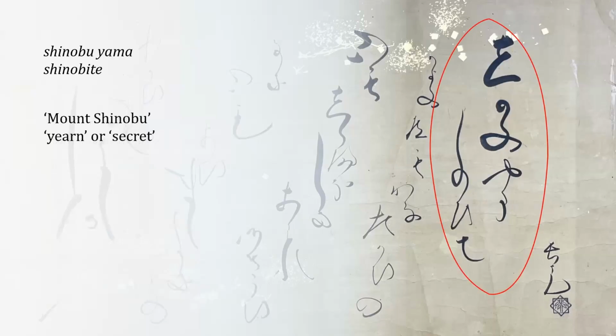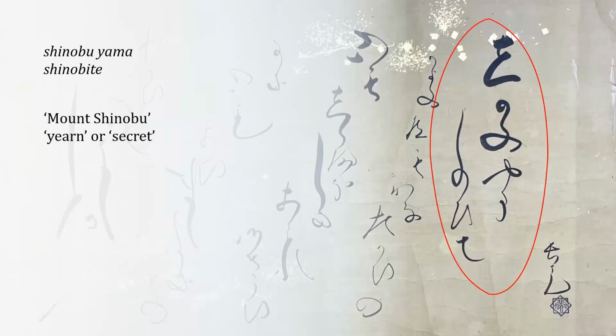Also a big fan of red circles. In the red circle, we're looking at the phrase Shinobuyama Shinobide. So Mount Shinobu is a place that occurs in poetry a lot because the name sounds like the word shinobu, and the word shinobu can mean secretly or it can mean yearning, depending on which Chinese character you use.